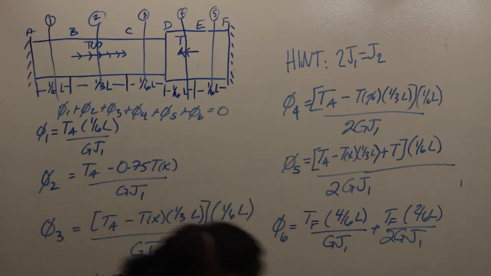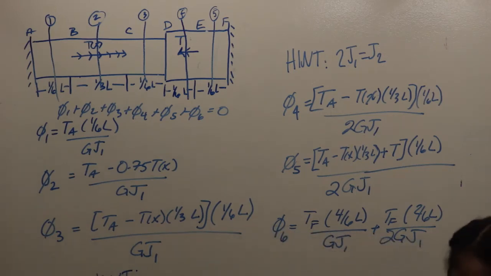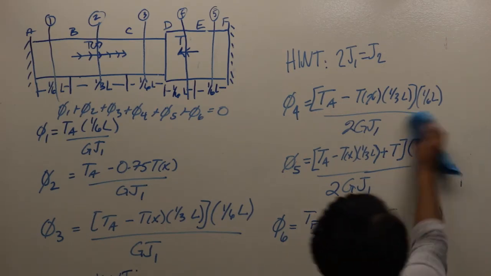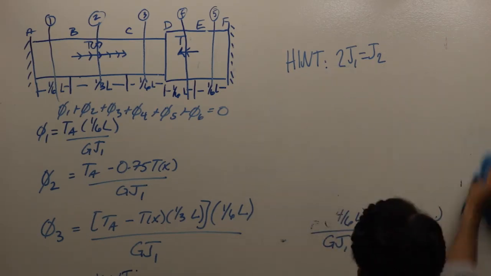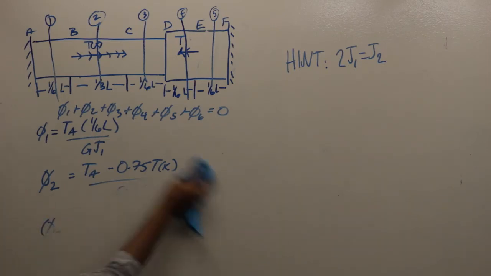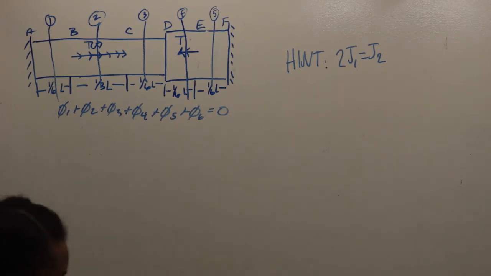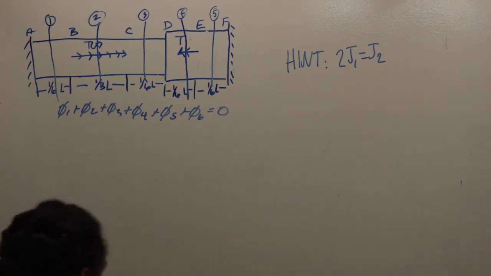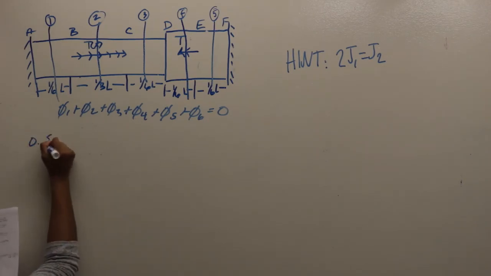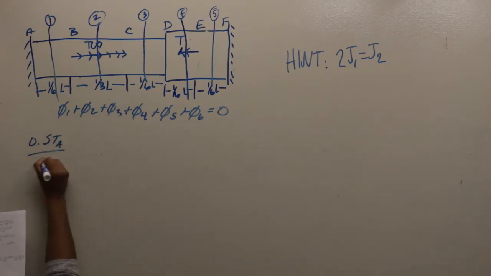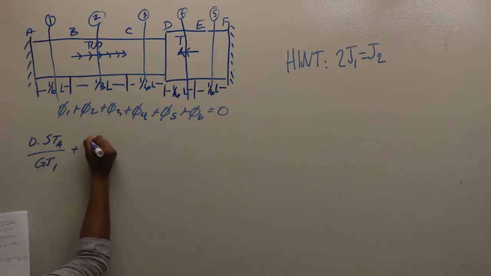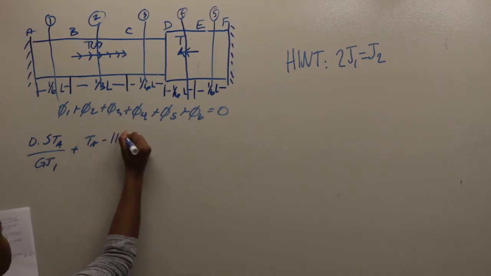Like I said, I'm not going to put any numbers in, but from substituting everything here into it, I got the following for TF and TA. Well, I'm actually going to put the numbers in, so you'll see what I got. So 0.5 TA over J1 TA minus 12.